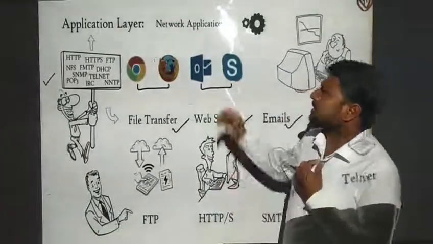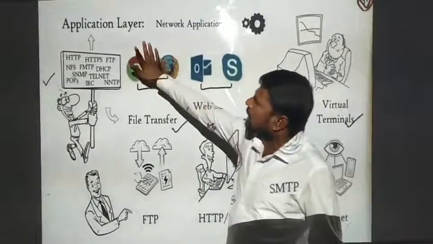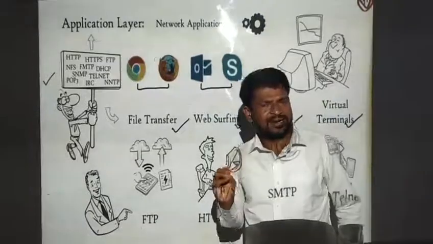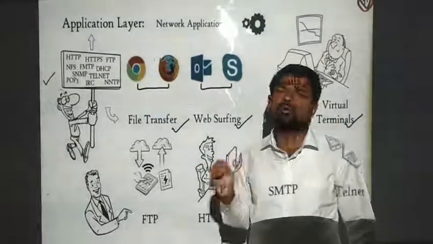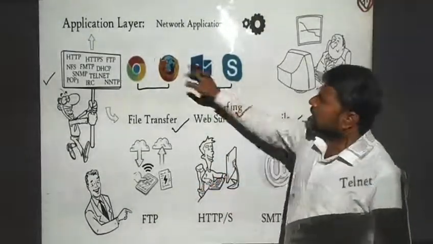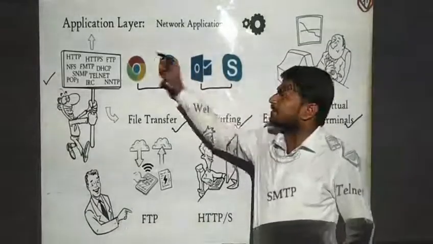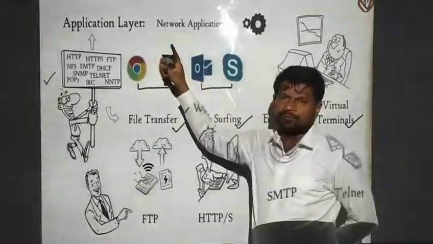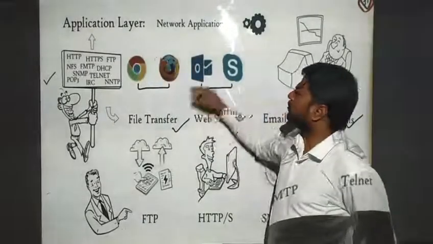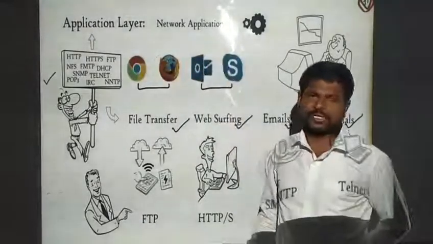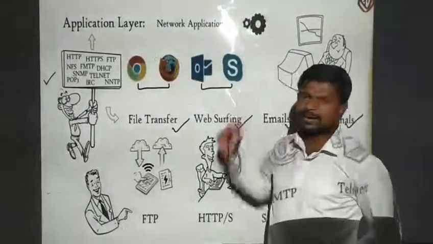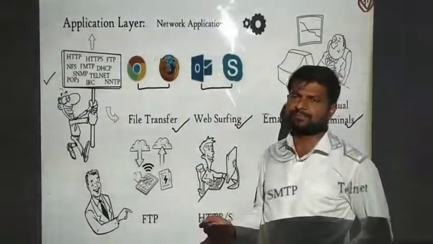In the application layer, as we already learned, each and every layer will have a package of protocols. Here in the application layer, the protocols are useful for network applications for data transmission.